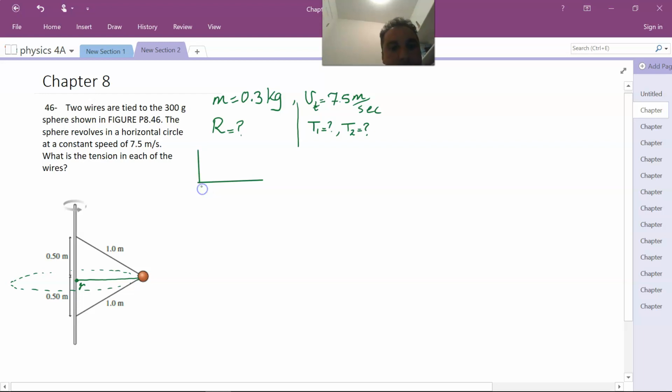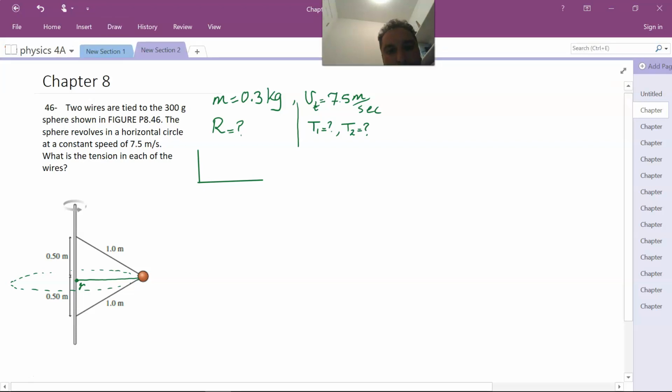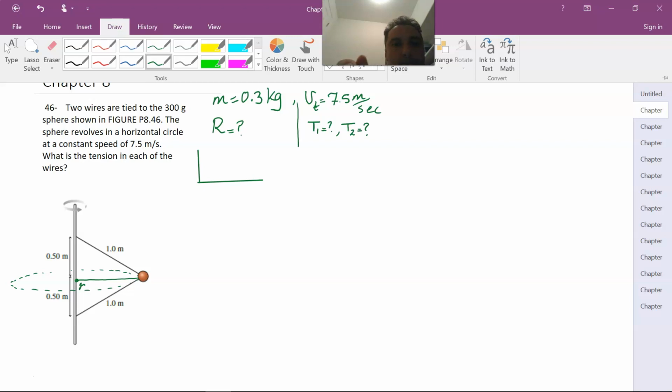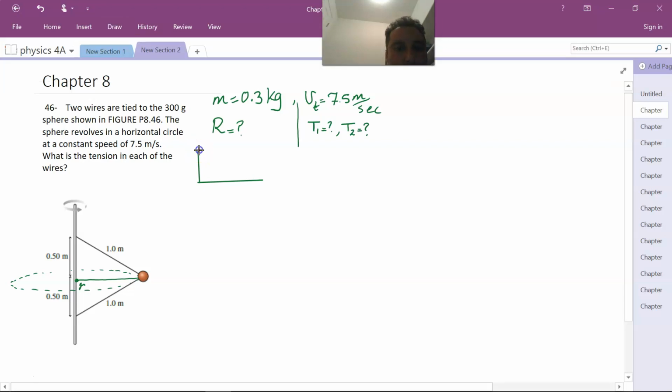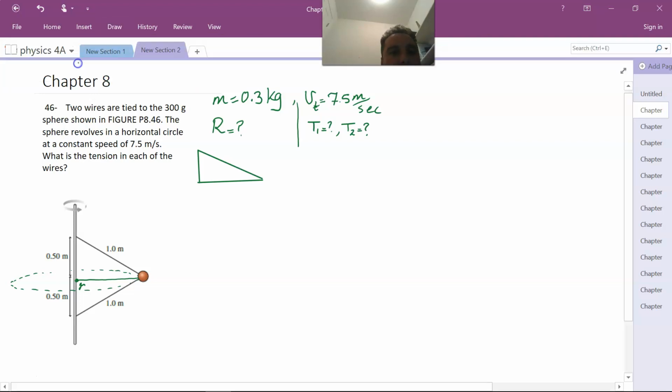So this is R, correct? Little r or big R doesn't matter.